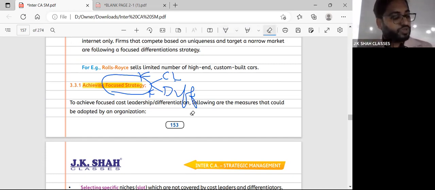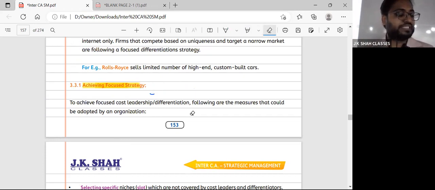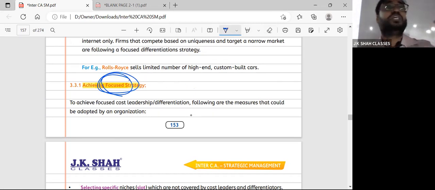So don't get confused when I use both the examples of a chartered accountant and a local burger vendor. I will use both the examples because our agenda here is to understand how to achieve focus. I'm not talking about differentiation, focus differentiation or focus cost leadership. We are talking about only the third strategy. What is the third strategy? Focus.